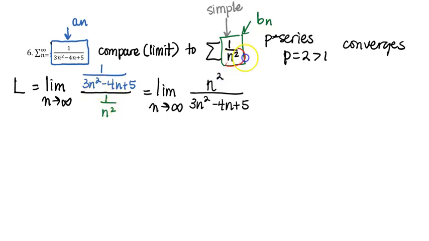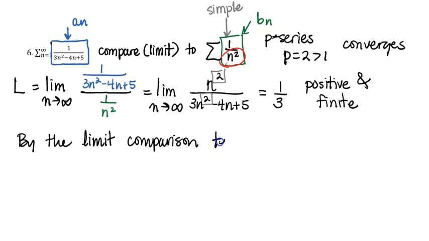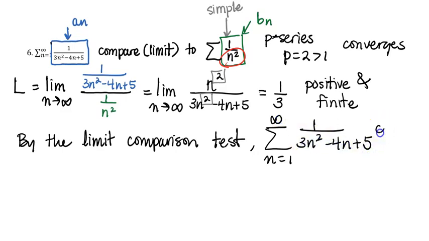Making sure that I chose this n squared in the denominator is what makes the degree of my numerator match the degree of my denominator, so that I only need the ratio of leading coefficients when I take that limit to get 1/3, which is positive and also finite. So the limit comparison test does apply, and I can conclude that the series we were working with also converges.